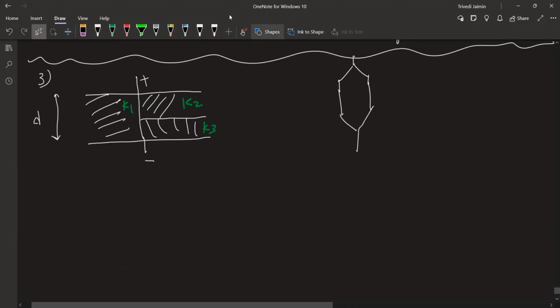Quick. What shall I call by name? So left side 1 and right side 2? Yes, of course. Left side 1 and right side 2.